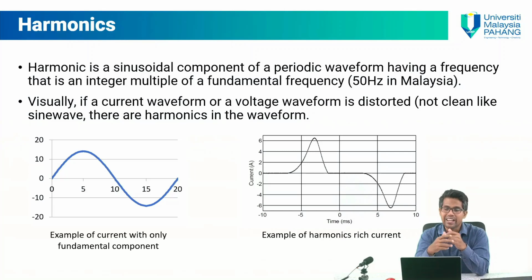The numbering of harmonics depends on that integer. For example, for 150 Hz, when you divide 150 by 50, you get the number 3. So 150 Hz harmonics is called the third harmonic. That's how harmonics look like.